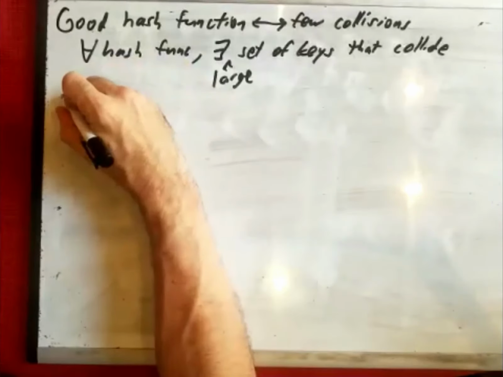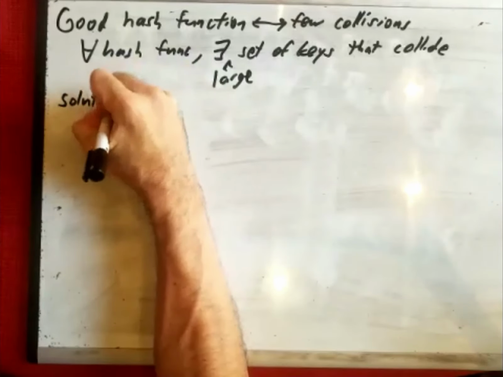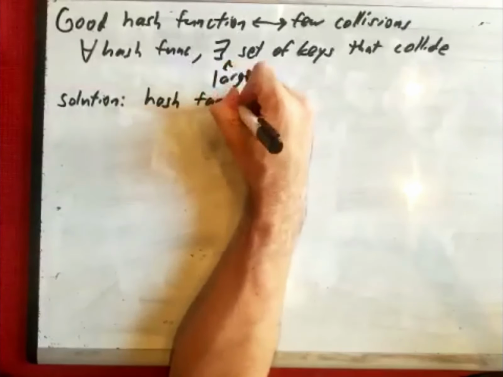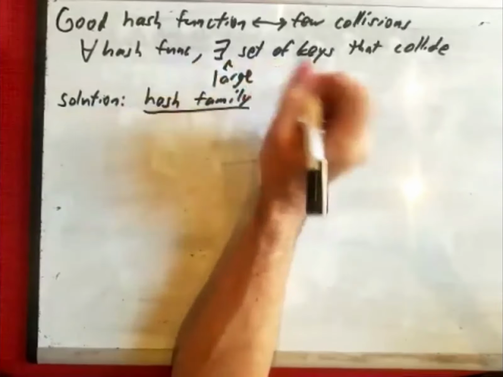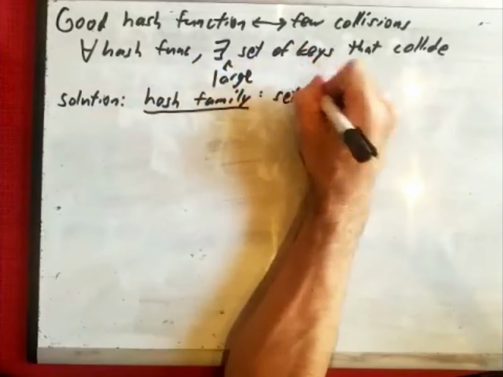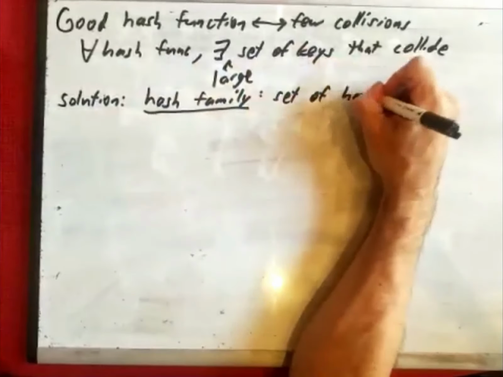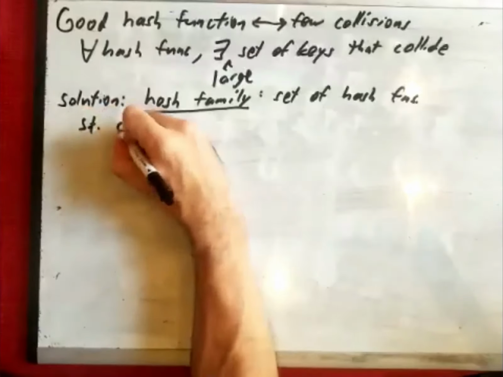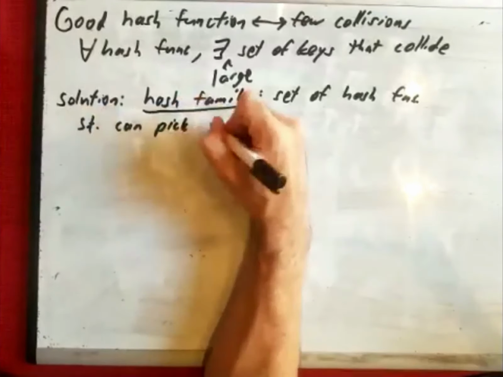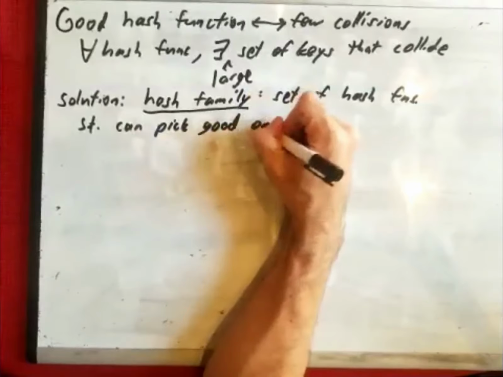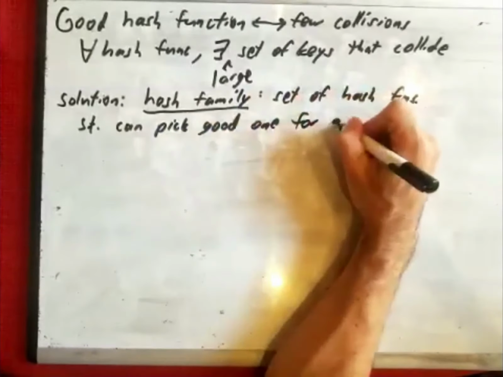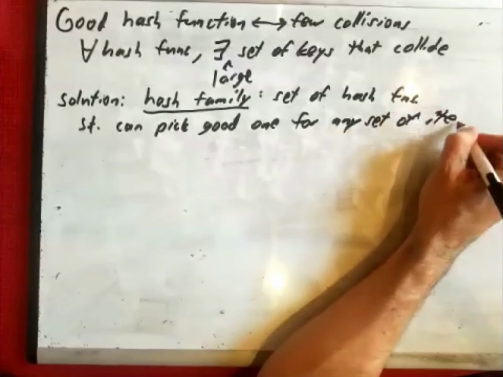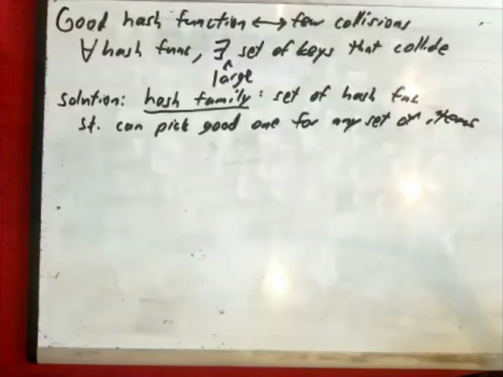So the solution is to create what's called a hash family, which is a set of hash functions such that you can pick a good one for any set of items. Make sense?